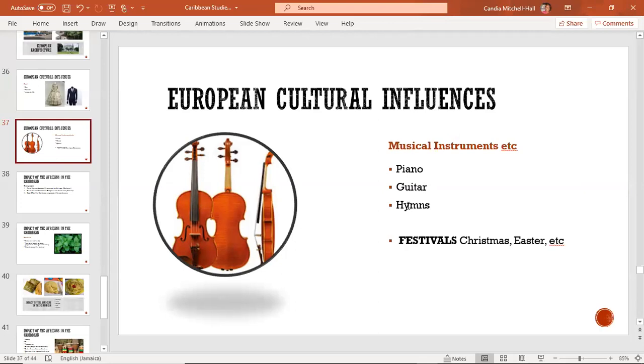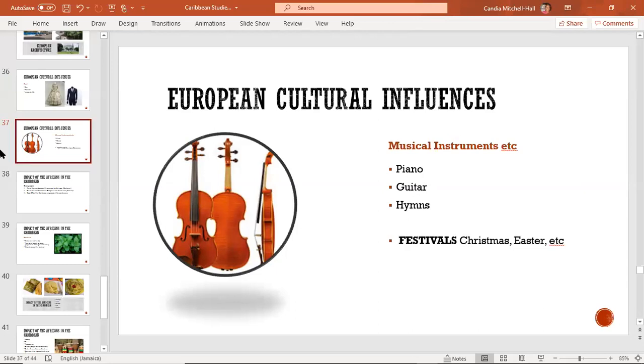You need some hymns that they know. And festivals, we still have Christmas, Easter, which emanate from Christianity, that we still practice today. So these are some of the influences of the Europeans in the Caribbean.